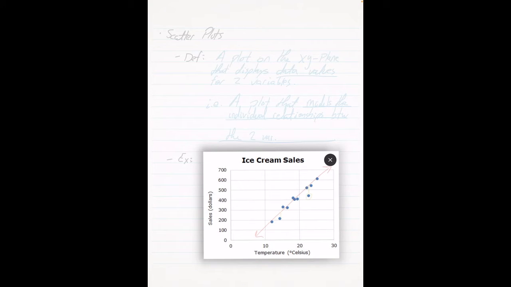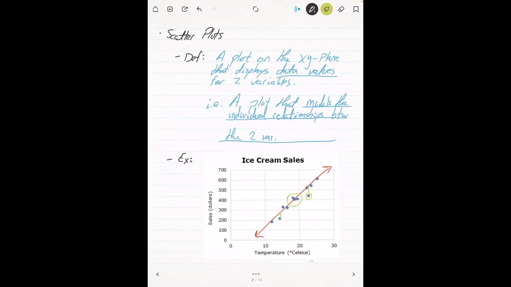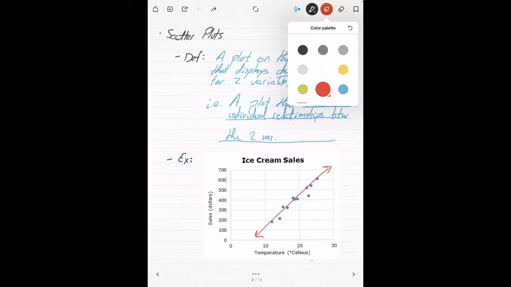Some it even looks like the line passes through. But others, there's a little bit of distance in between. So we want the line that shortens the distance for all of the points. It's the minimum distance.